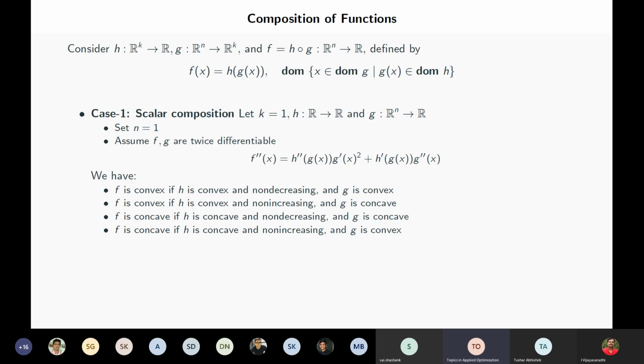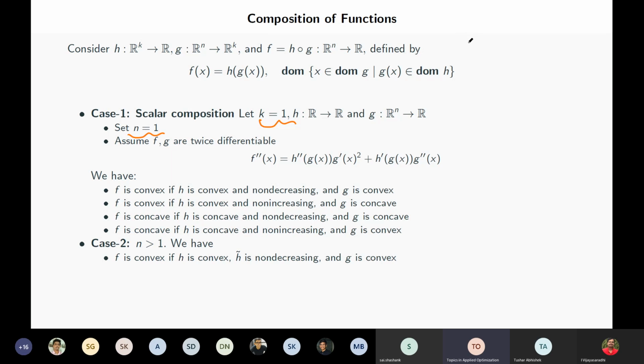So there will be another analogous case for concave, and for n greater than 1 these ideas can be extended. Now remember, we set n equals 1, right? So this was the scalar case we saw. So we put n equals 1 and k equals 1. Okay, I think previously I did not mention this correctly.